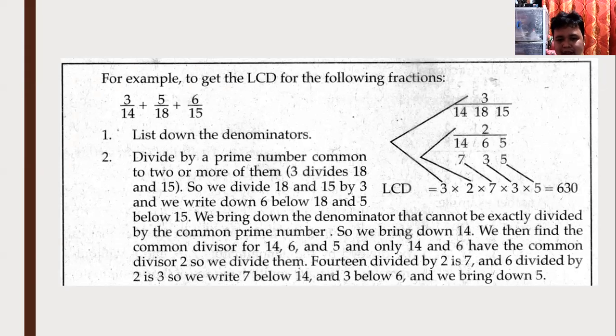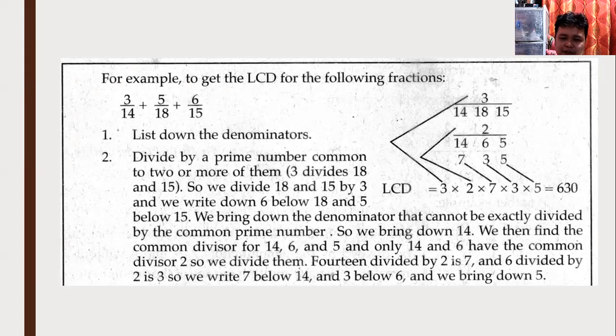Kung nawrite down yung 6 at 5, hinanap naman para mag-prime number sila. So, we bring down the denominator, hanap naman yung divisible doon. Naging divisible yung 14 saka 6 sa 2. Yung 5 hindi. So, nang i-divide sa 2, 7, 3, and 5.